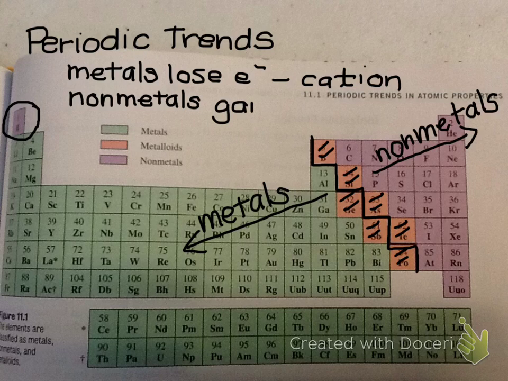And when you gain an electron, you become a negative ion, and negative ions are called anions. So one of the important ways that metals and nonmetals react with each other is by the transfer of an electron from a metal to a nonmetal. And that's going to be called an ionic bond, and one of the things that we're looking at in this chapter.